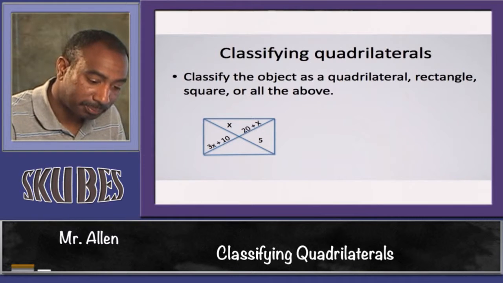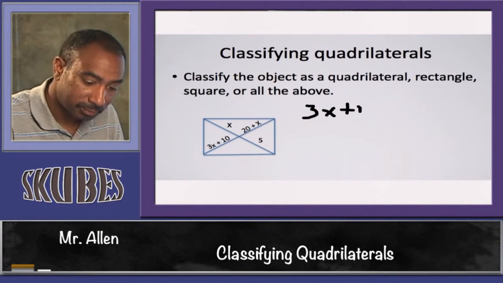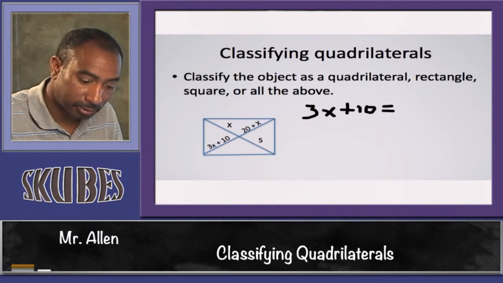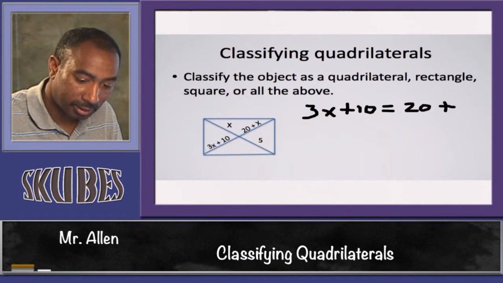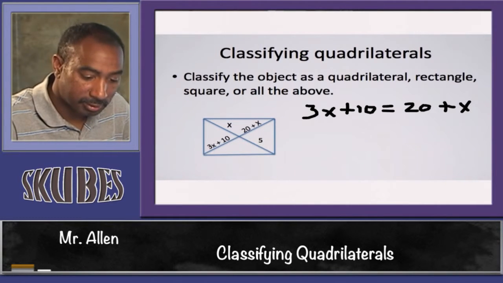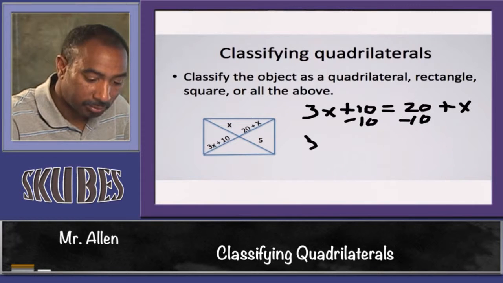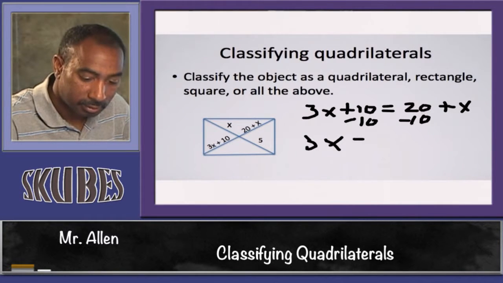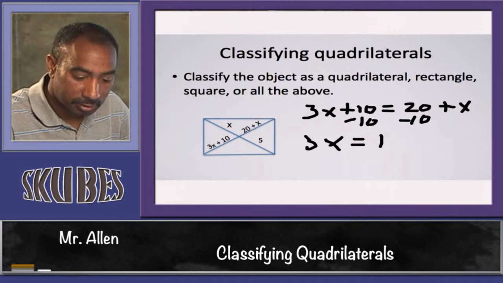But let's use algebra. I'm going to say 3x plus 10. We're going to set that equal to 20 plus x. And if I were to, let's say, subtract 10 from both sides, I get 3x equals 10 plus x.